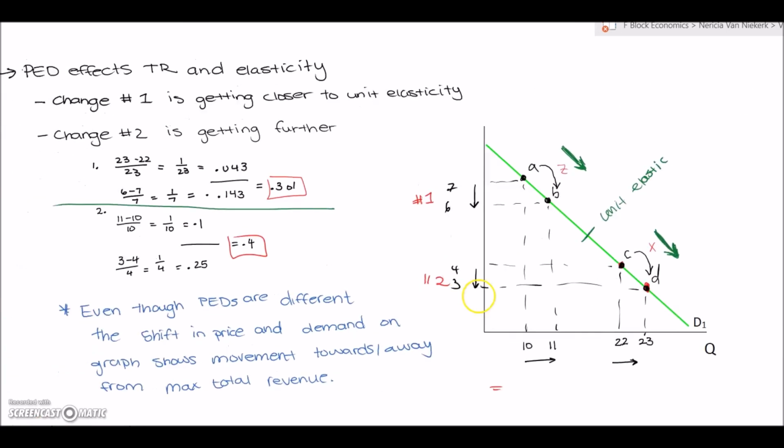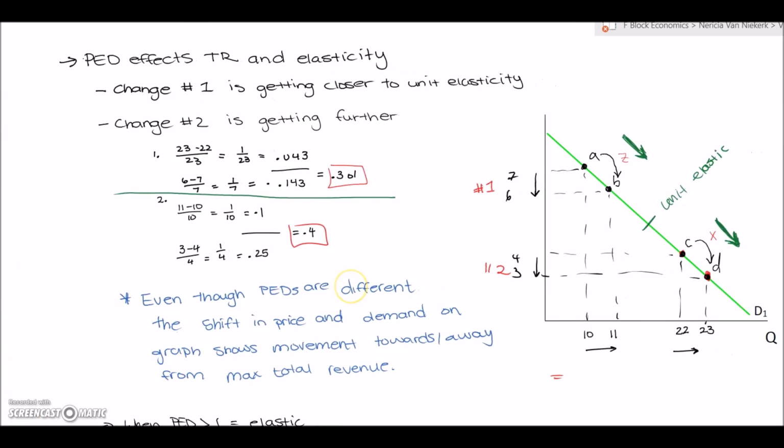When coming back to how and why PED relates to changes in total revenue, because unit elasticity is desired, the price will then change accordingly in order to find unit elasticity.